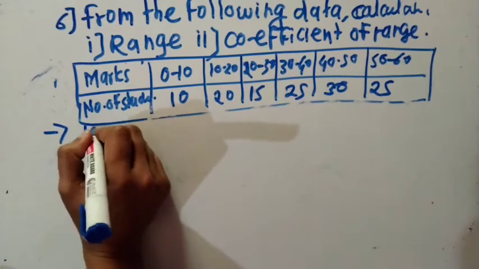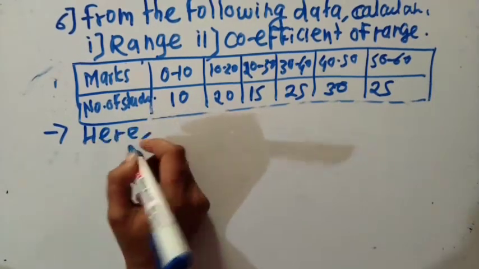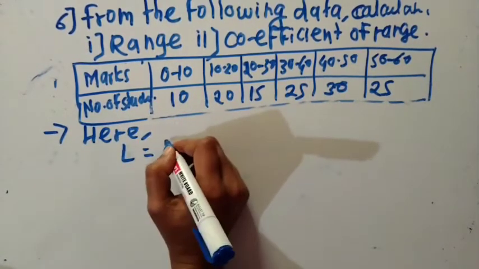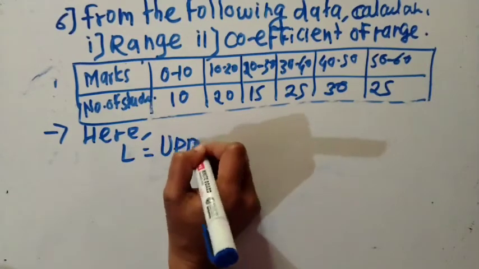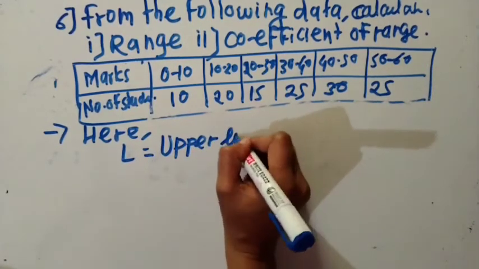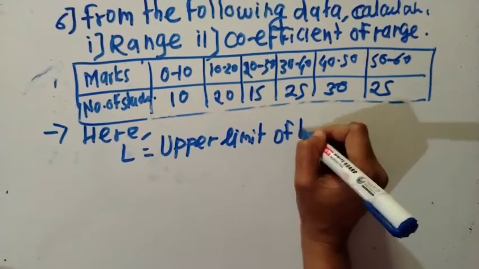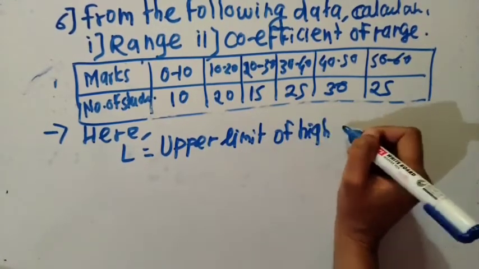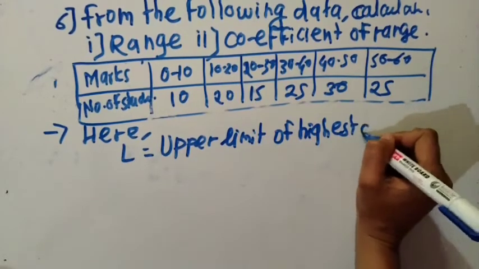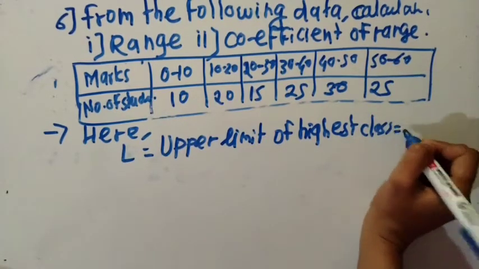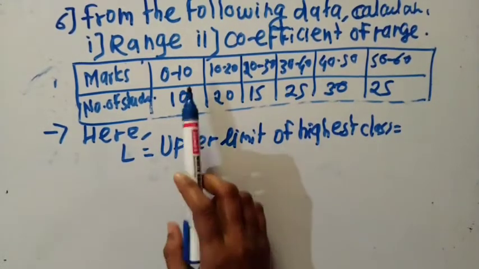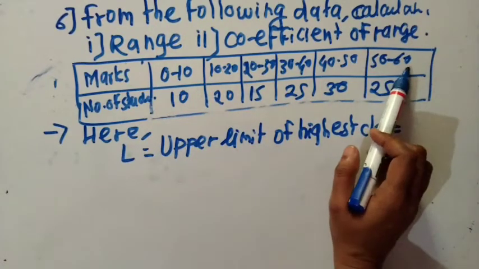Then first upon here, L is the upper limit of highest class. So here the upper limit is 50 to 60.